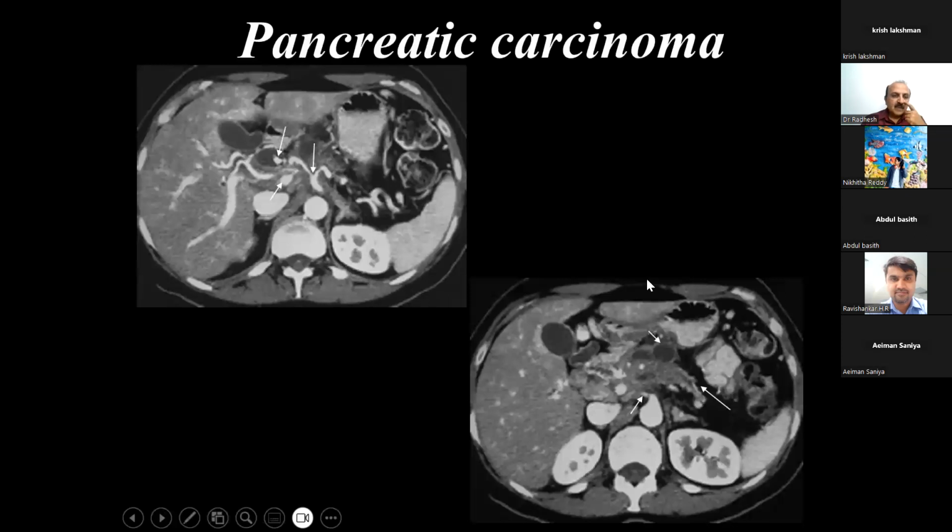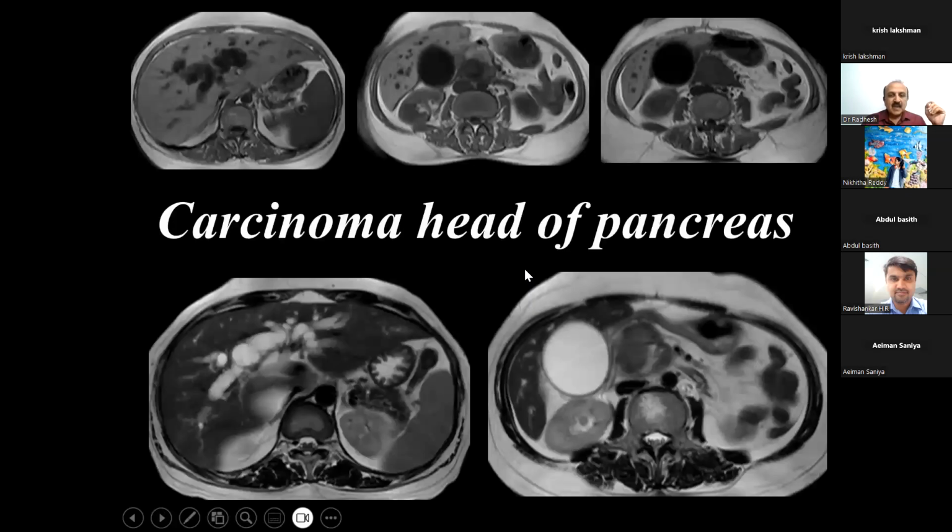Now, malignant bile duct obstruction, like there could be carcinoma of the head of the pancreas, which can give rise to dilated ducts. So you see the dilatation here. You see the large mass within the pancreatic head, and you see a smooth dilatation of the pancreatic duct.